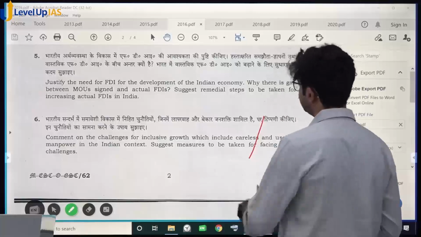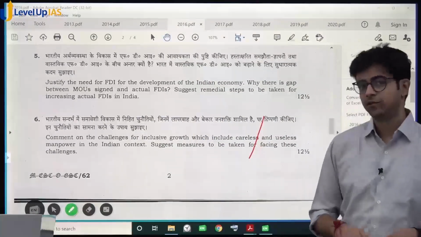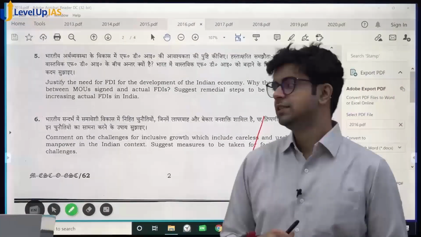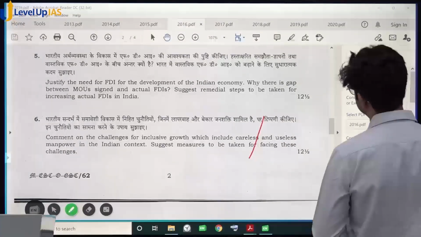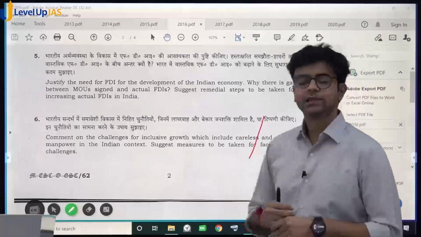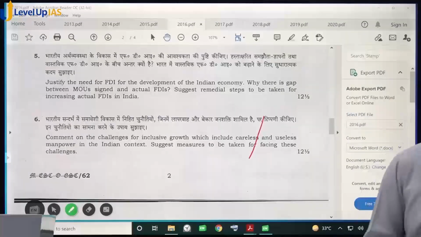Question 5 we are seeing, same paper 2016. If you were here, I would have given you a chocolate. Small chocolate, not big chocolate. If you guess which syllabus point this is coming from. Read the question, take a minute. Take it easy.